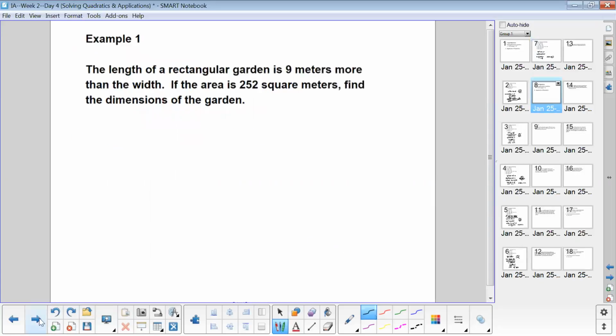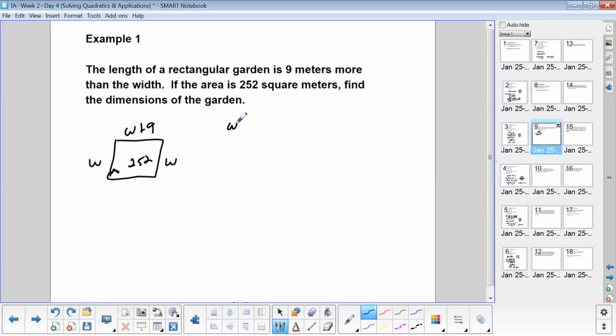Next, we're going to look at some examples of some applications. So we're looking at an area model that's rectangular. Basically we're looking at a rectangle, and I know that the length is 9 meters more than the width, and the area is 252.